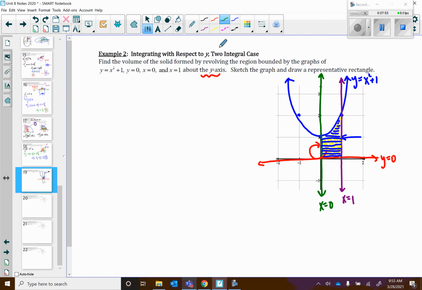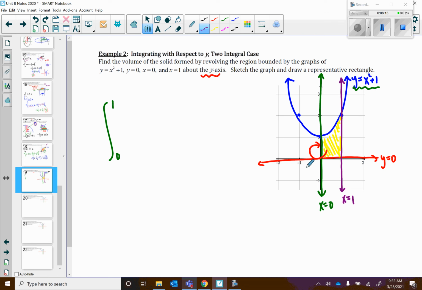So I'm going to take that into consideration by setting up two integrals, right? I really only need to consider this graph, x squared plus 1, once we get to 1. So my first integral is from 0 to 1.